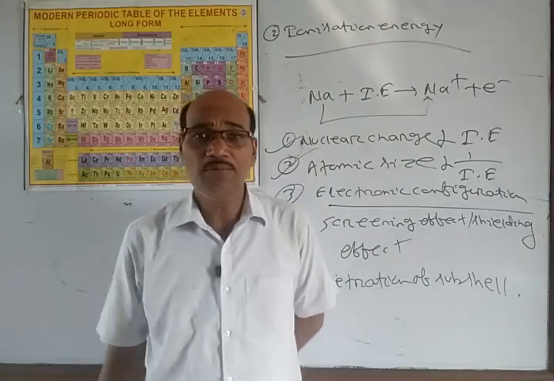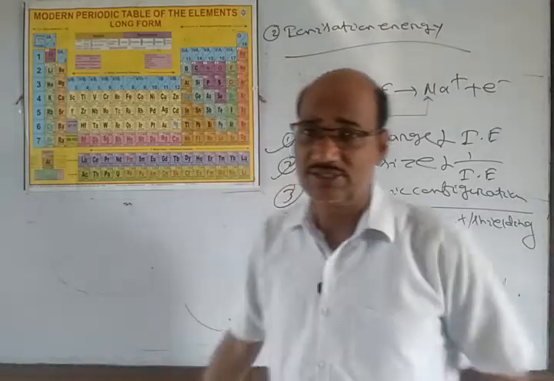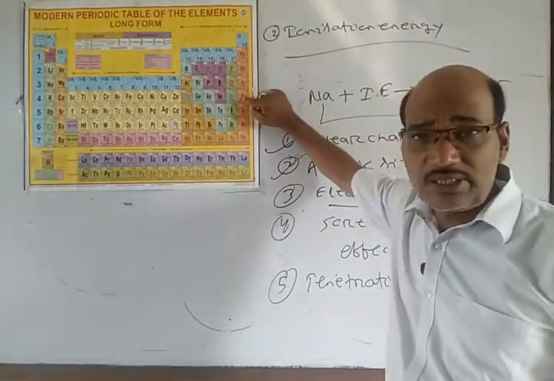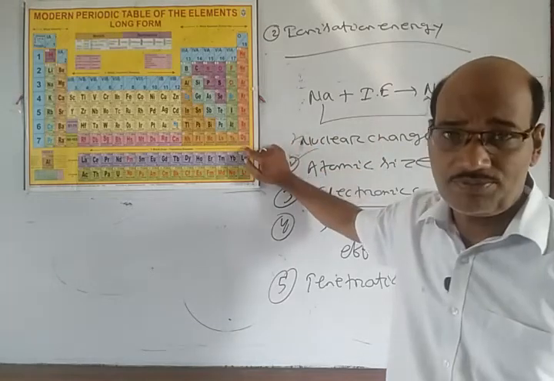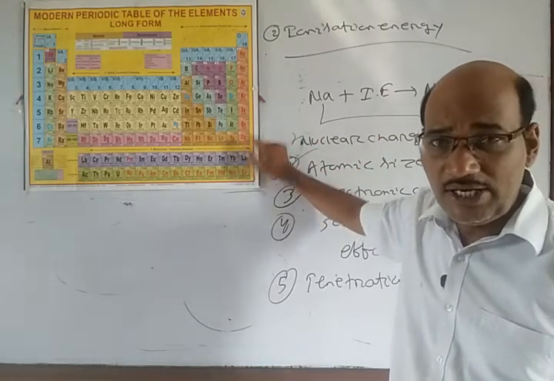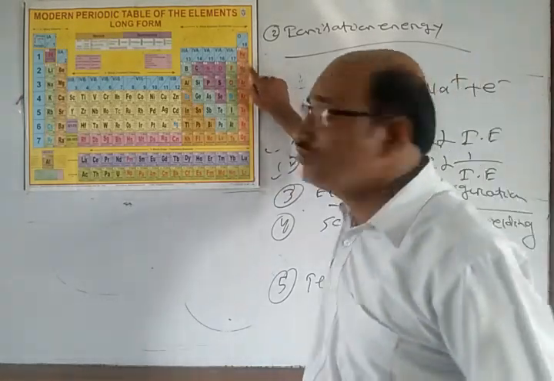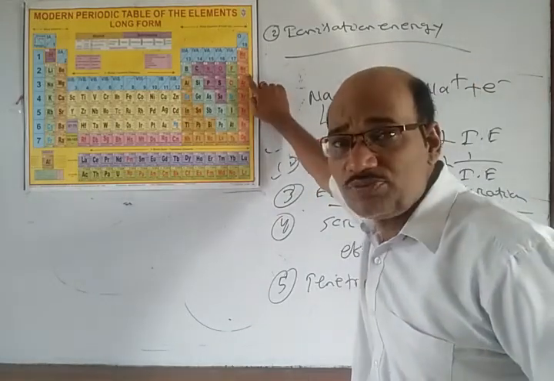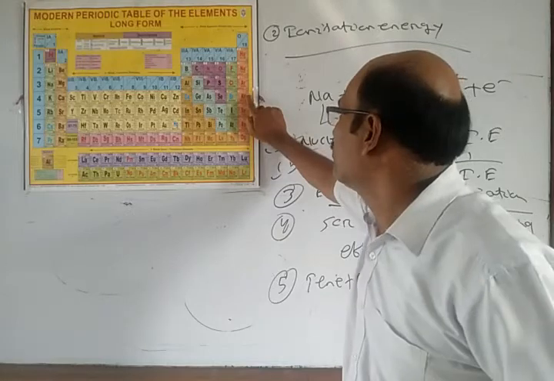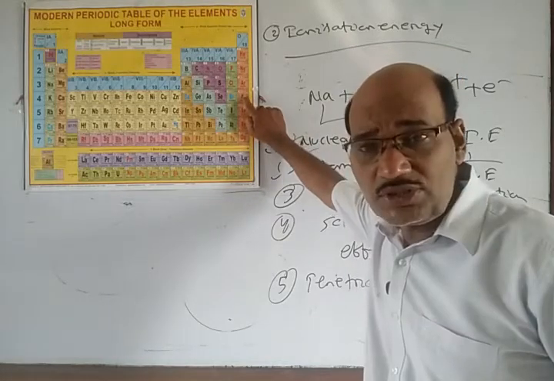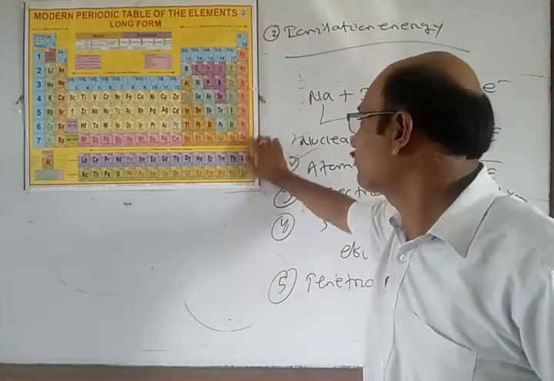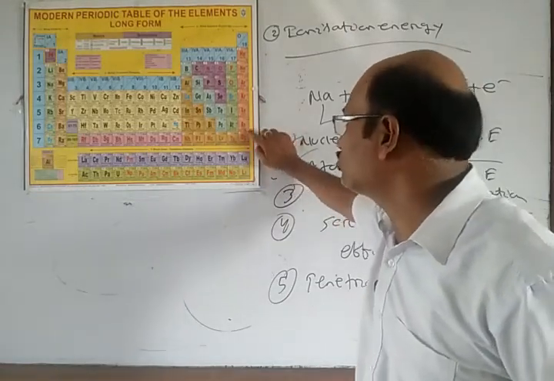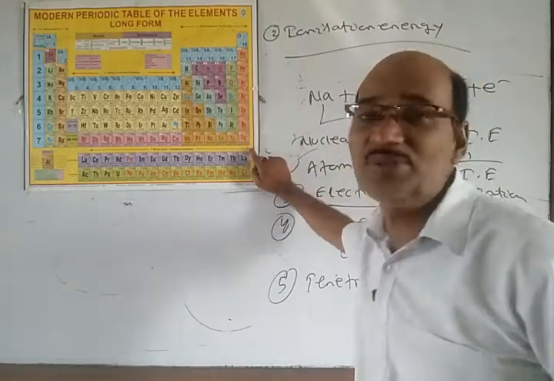And we have the noble gases. Here you see helium, neon, argon, krypton, xenon and radon. Helium 1s2, neon 1s2 2s2 2p6, argon 1s2 2s2 2p6 3s2 3p6, then 4s2 4p6, 5s2 5p6, 6s2 6p6 and 7s2 7p6.